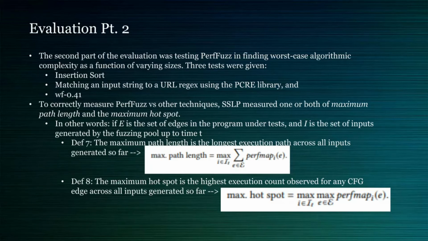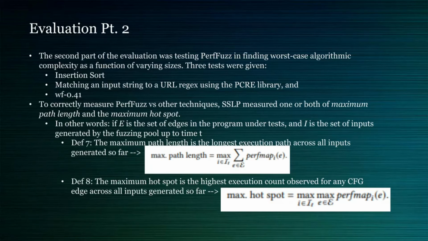So for the maximum path length and maximum hotspot, these are the definitions. If E is a set of edges in the program under test, and I is a set of inputs generated by the fuzzing run up to time t, definition 7, the maximum path length is the longest execution path across all inputs generated so far, seen there with the maximum sum value.